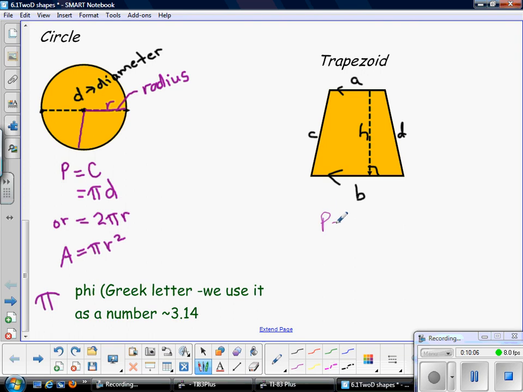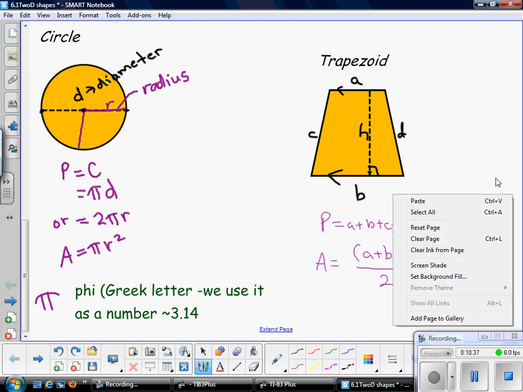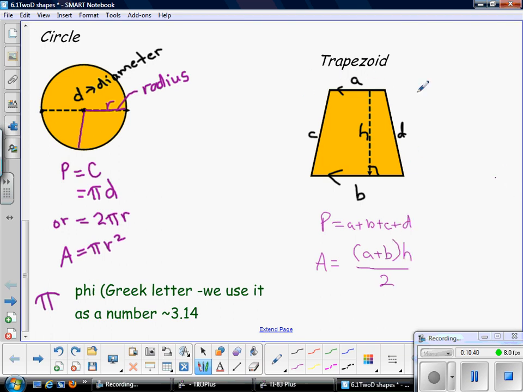So perimeter would equal A plus B plus C plus D. Now the area of a trapezoid is a little bit of a funny one: they take A and add it to B. So they take the top and bottom, add them together, multiply by the perpendicular height, and then divide by 2. Again, you don't have to memorize these, but it's important to see how they have labeled the variables on their diagrams.